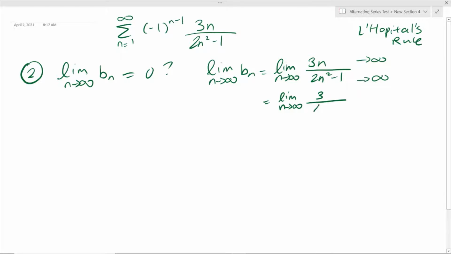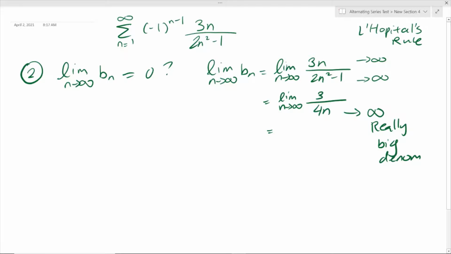So this is going to be 4n, and then if we plug in n goes to infinity at the denominator, because we only have n in the denominator now, it's just going to keep getting bigger. It's going to get really, really big. It's going to go to infinity. And this is in comparison to the really tiny little 3.